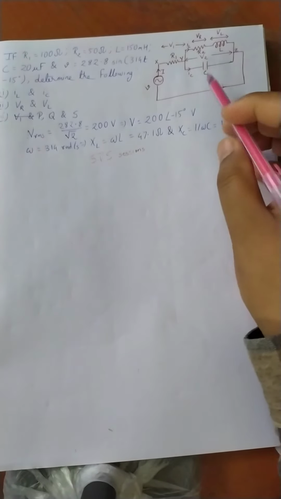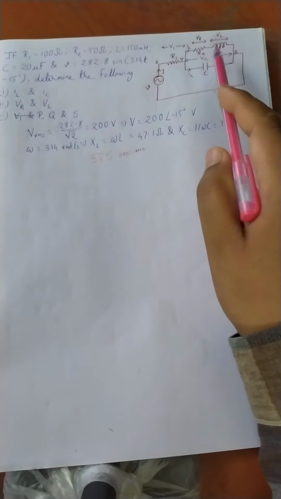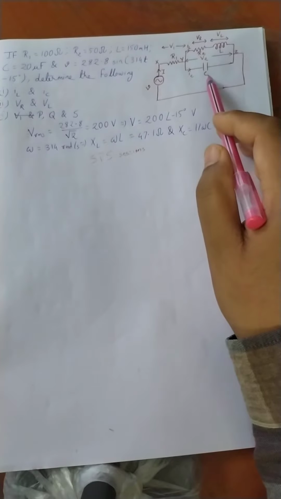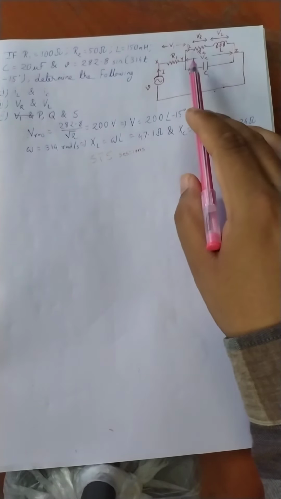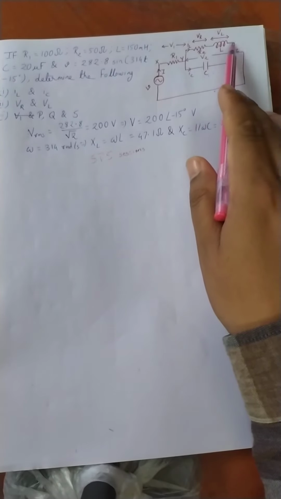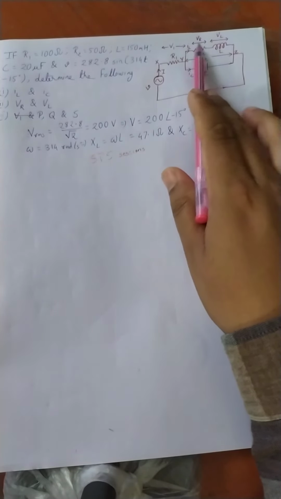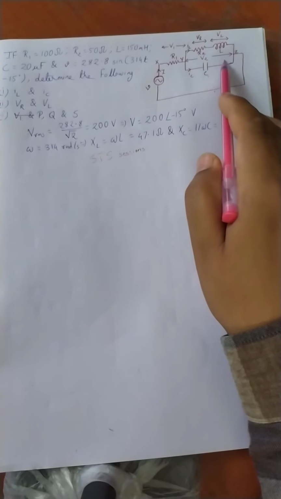So we have found the reactance of this coil and the reactance of this capacitor. Now we have to find the equivalent impedance of this entire parallel combination.